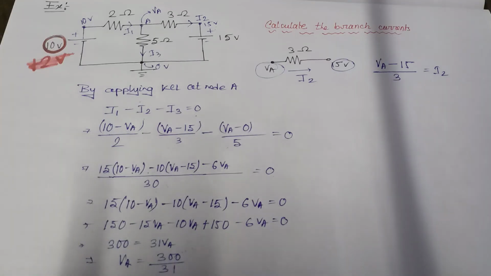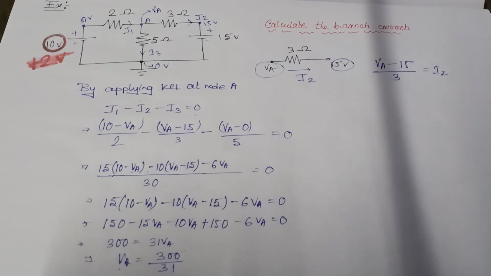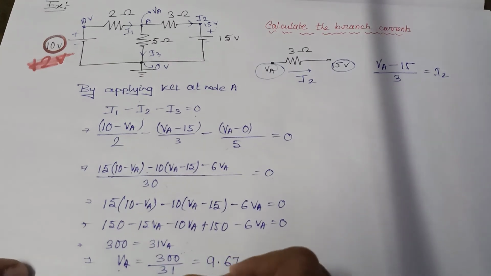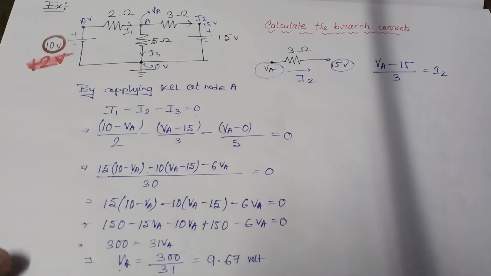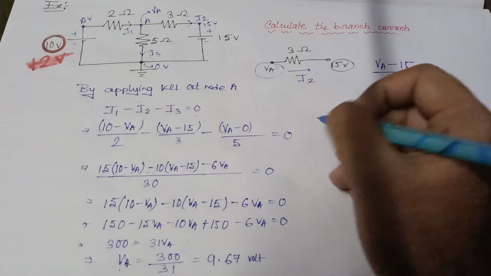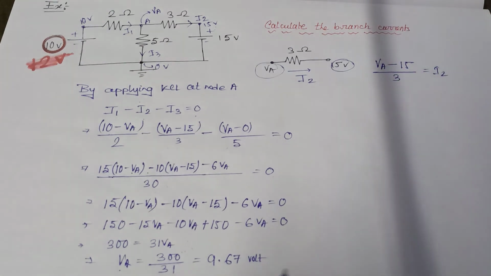So voltage potential VA is coming 300 by 31, which equals 9.67 volt. Now see, I have taken an arbitrary example from my mind, that is why the value is a little weird, but you will get a good example in the exam, so the value will maybe be a round figure. Don't worry about it, 9.67 volt is okay.